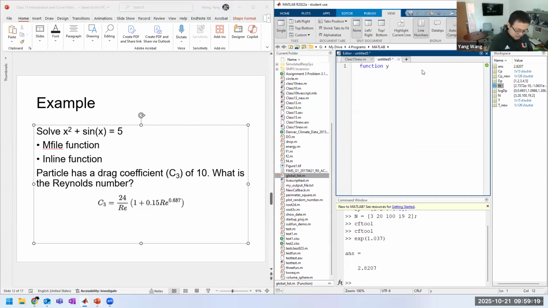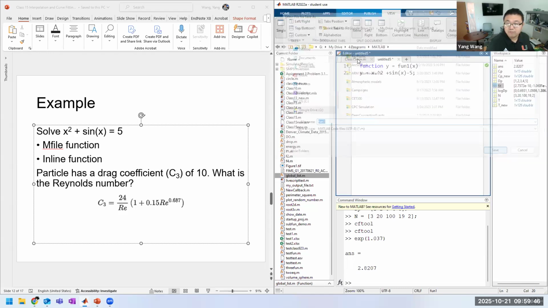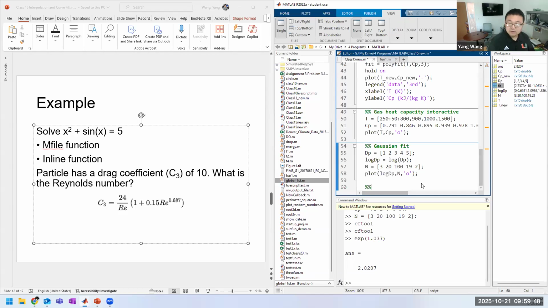So y equals function 1 of x, and then basically y equals x to the power of 2 plus sine of x minus 5. Okay, so we're trying to call the f0 to make y to 0. So let's save this function, f1, right?